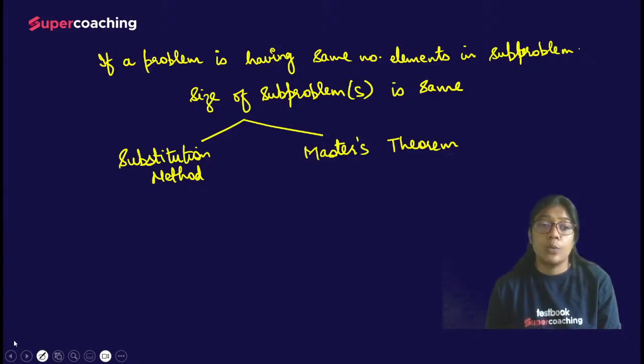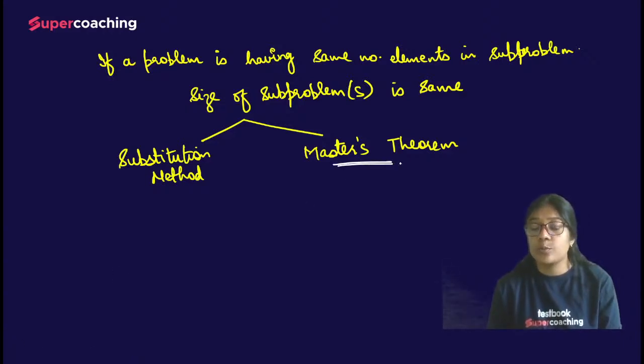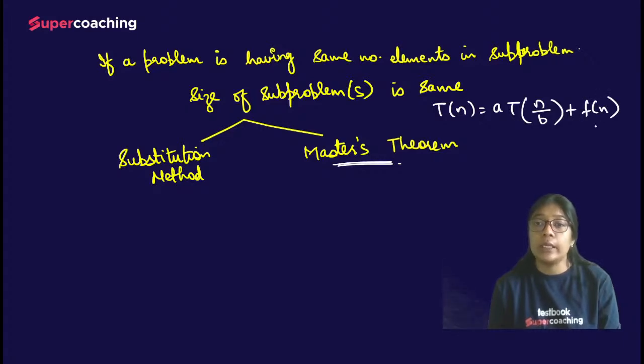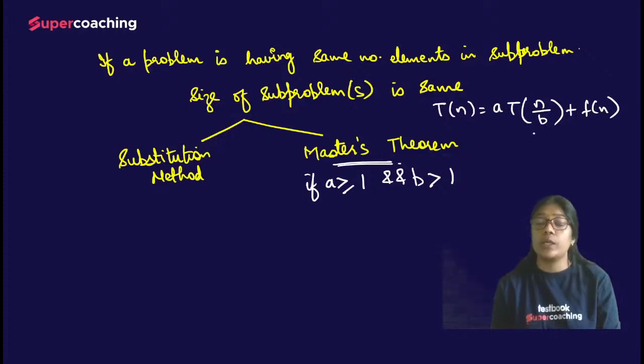We can apply Master's theorem only if the recurrence relation is given as T(n) = aT(n/b) + f(n), and a is greater than or equal to 1 and b should be strictly greater than 1. There should be something in the denominator.